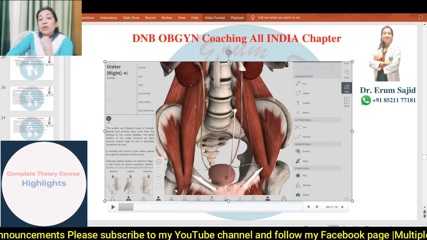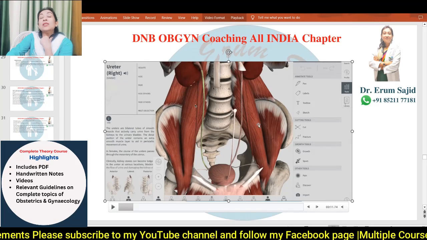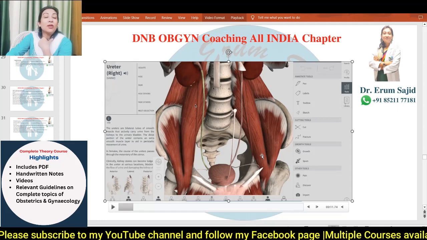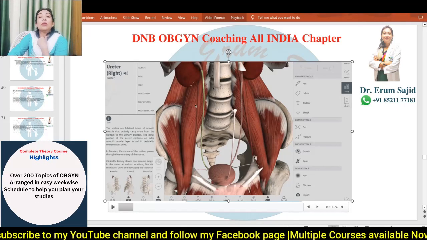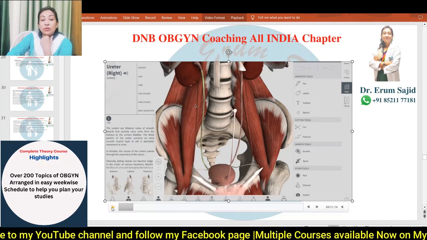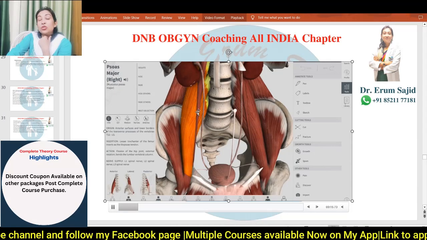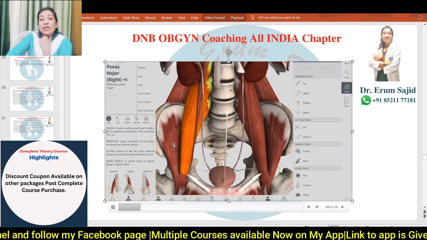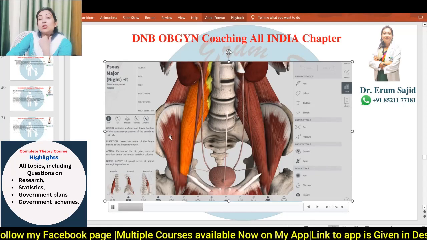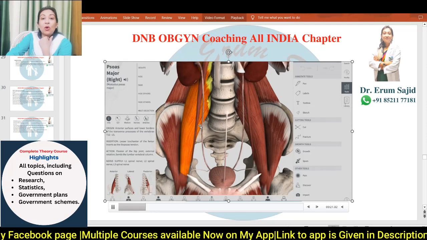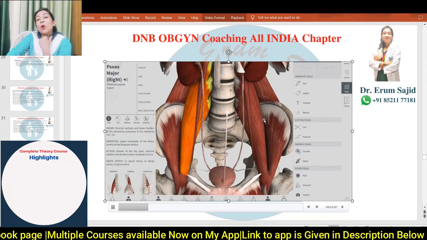In the abdominal part, it's lying on the psoas major muscle. That is what is expected of you when you're talking of the abdominal part of the ureter. This highlighted portion is the psoas muscle, and this is the iliacus muscle, right? So many times we call it iliopsoas. It's basically the abdominal part.